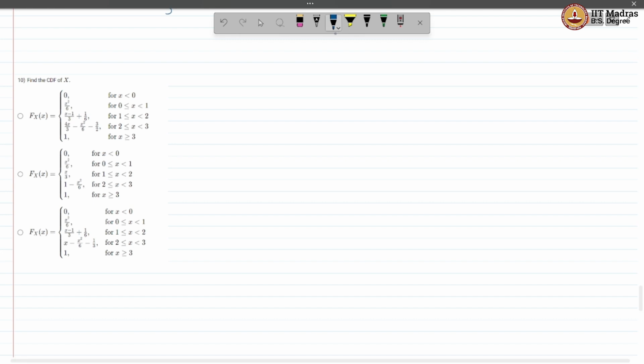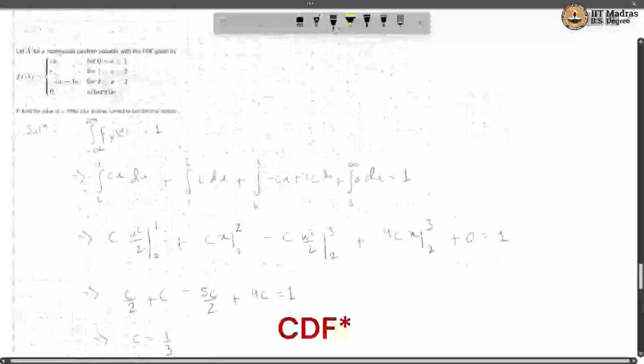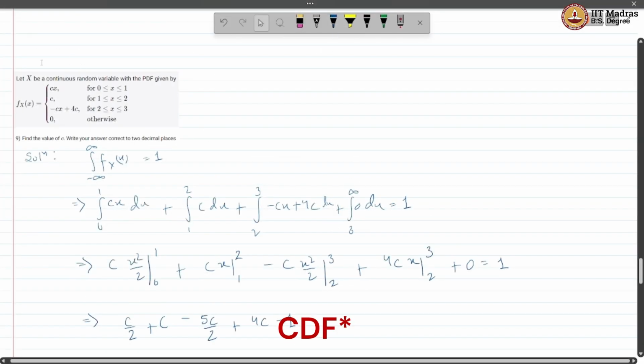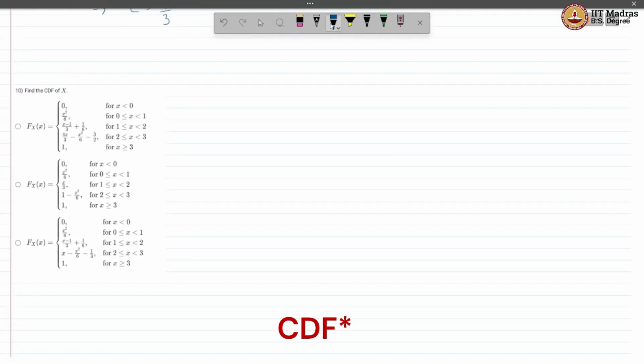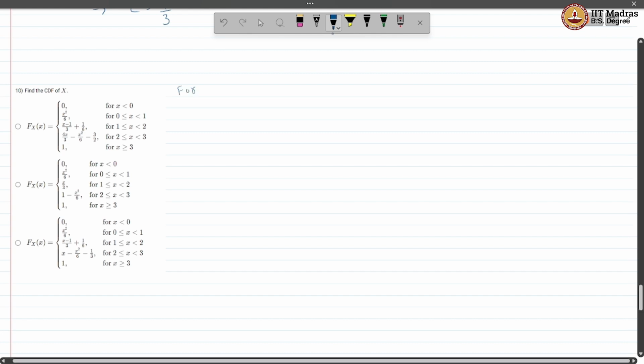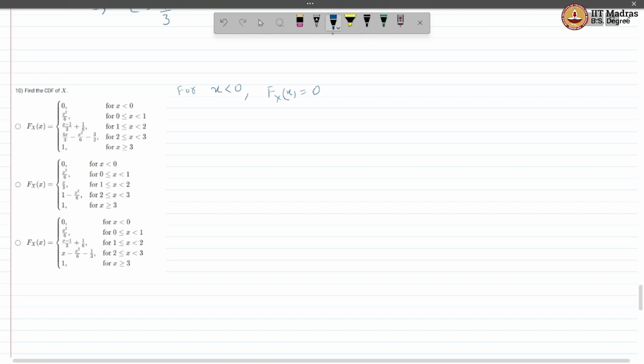In question number 10, we have to find the CDF of the given PDF in the previous question. So for finding the CDF, first of all, for the interval x less than 0, the CDF will be 0 as the PDF for x less than 0 is equal to 0.